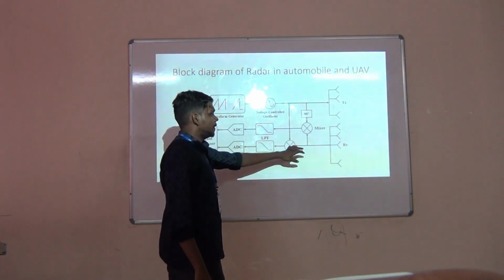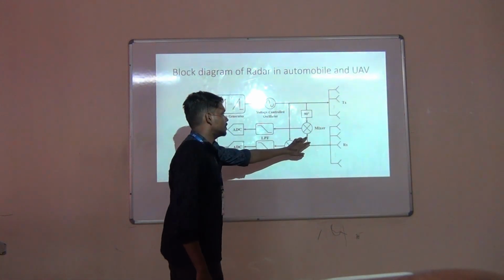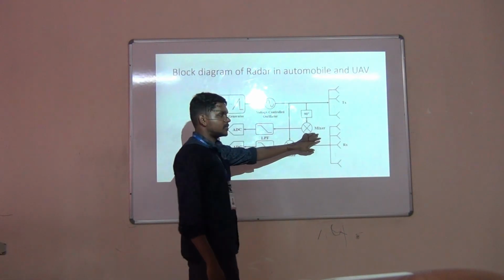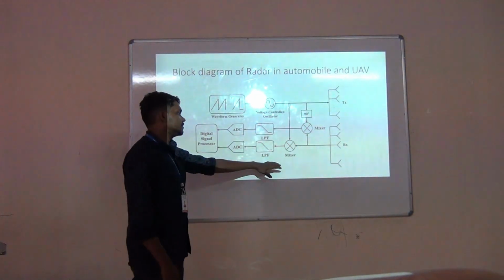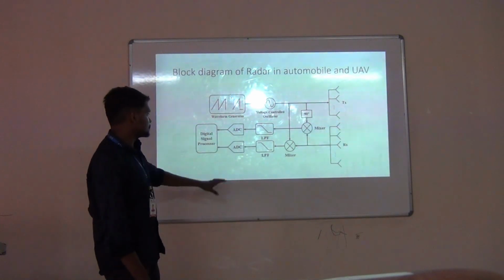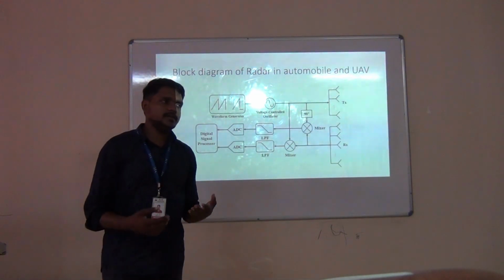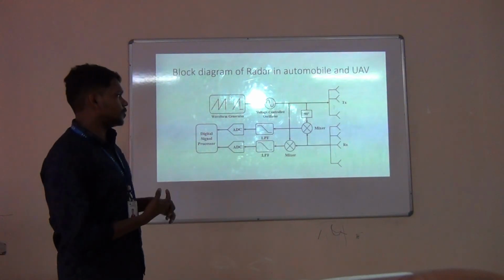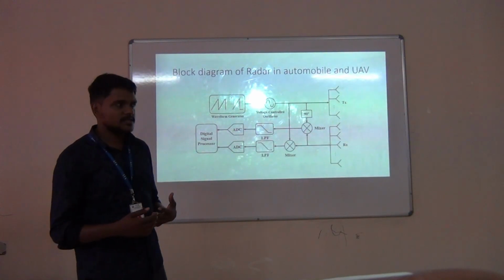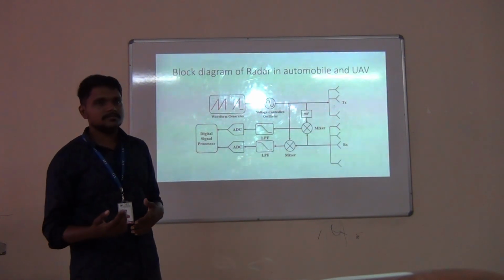Once the transmitted waveform is received at the receiver, the mixer will compare the transmitted waveform and the received waveform, and then it gets filtered and passed to the ADC, analog to digital converter. This digital output goes through the digital signal processor to the ECU unit of the car or drone. Based upon these values, the ECU will perform multiple calculations, and it will signal the radar and the motor system to drive the unit.